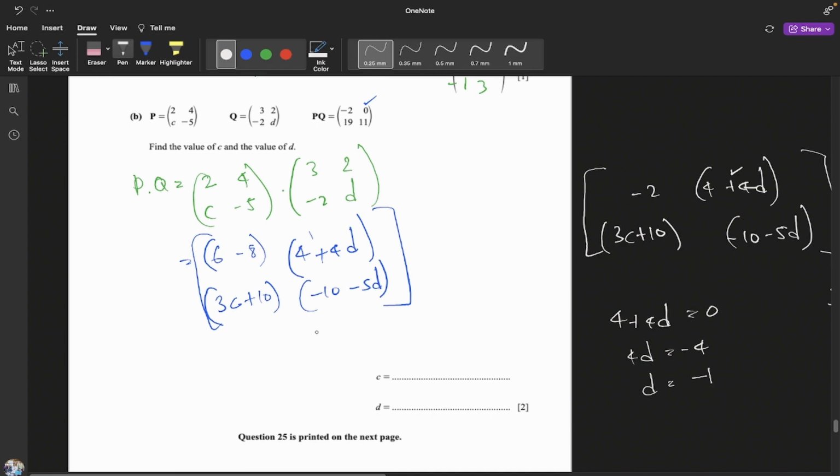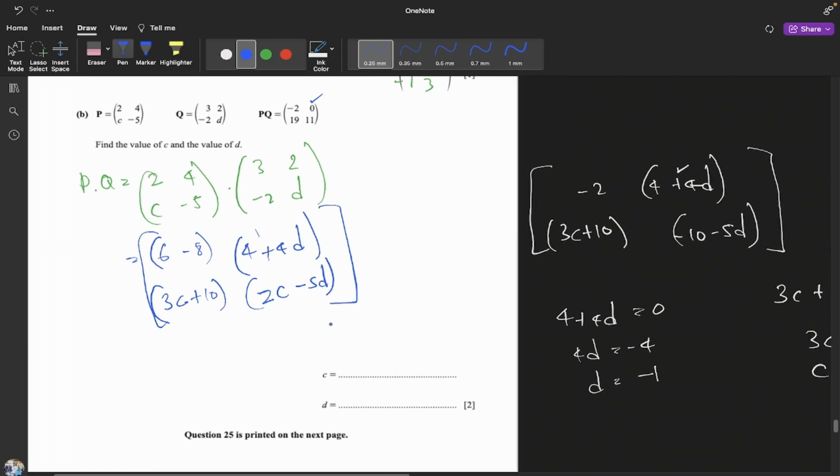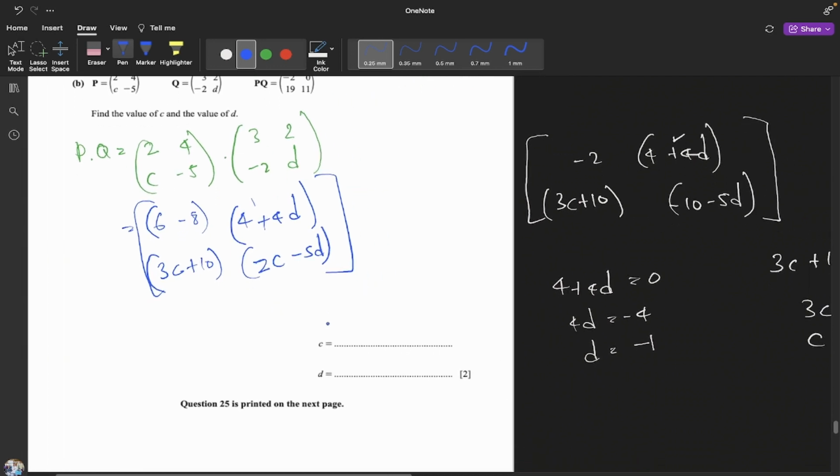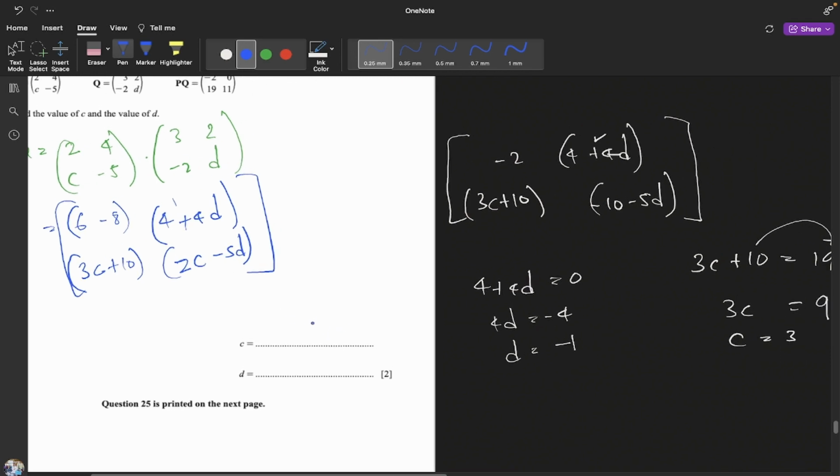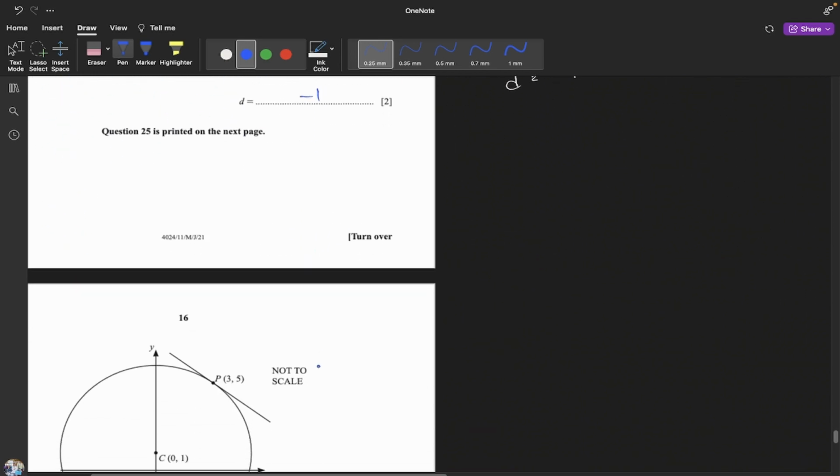So that is an error. What is that error? It is not 10, as C times 2, it's 2C. Okay. So there is no option of verification. You can just solve and see, but the answer will be the same. So C is 3, D is minus 1.